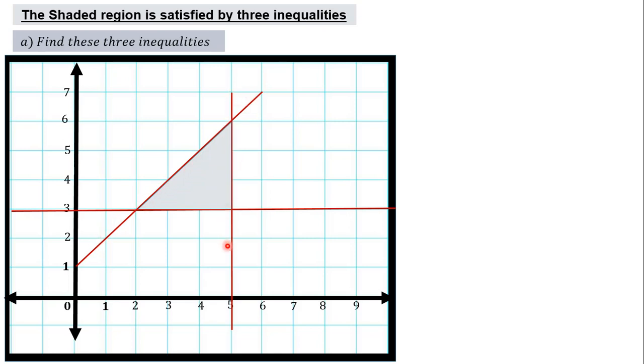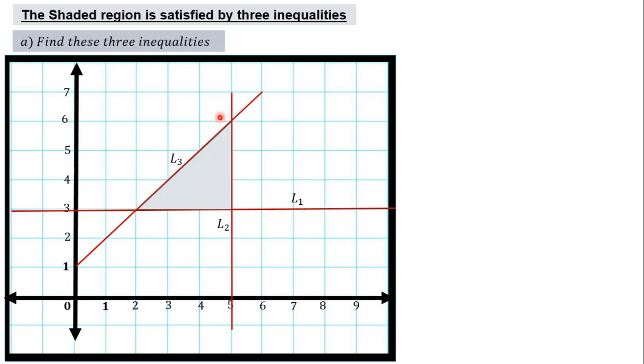This is the vertical line, horizontal line, and the line having some gradient. Let us give these lines names. The horizontal line is named L1. This vertical line, let's call it L2, and this gradient line, let's call it L3.